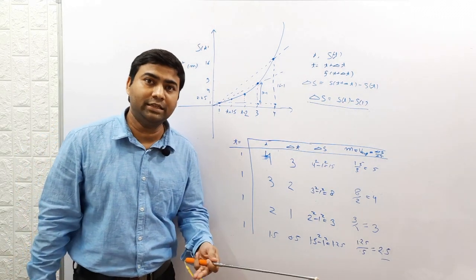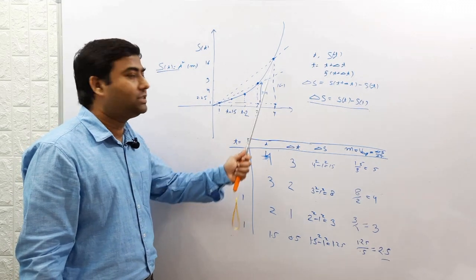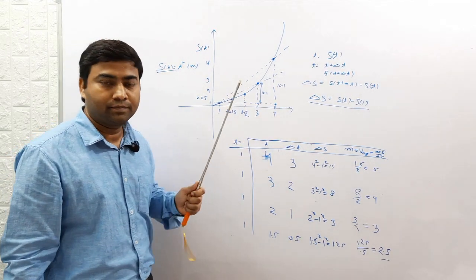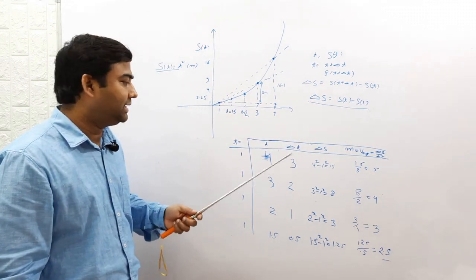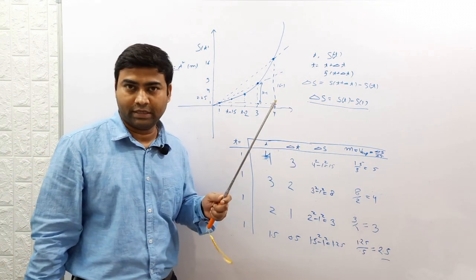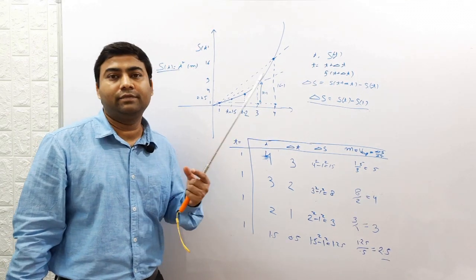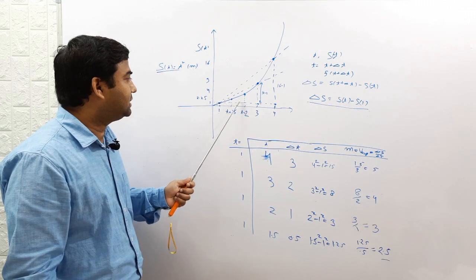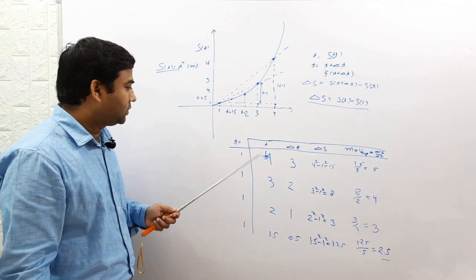So what is instantaneous velocity? We know velocity at every point of time is changing, no matter how small the time interval is. Delta t can be 0.0001 second, still velocity will change within this small time interval also. So at every time there is a particular velocity associated with that time.